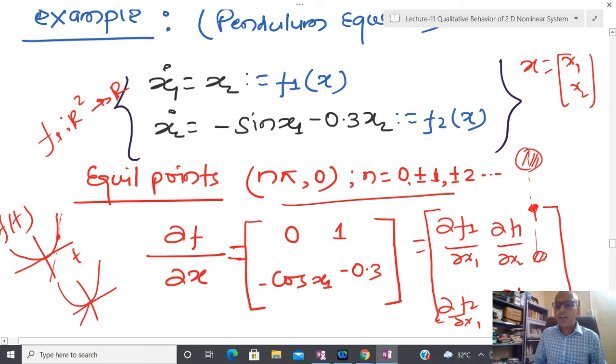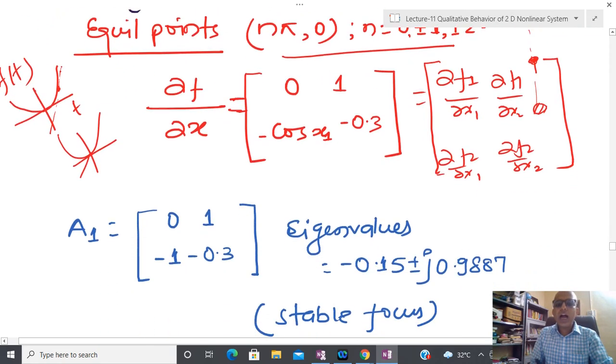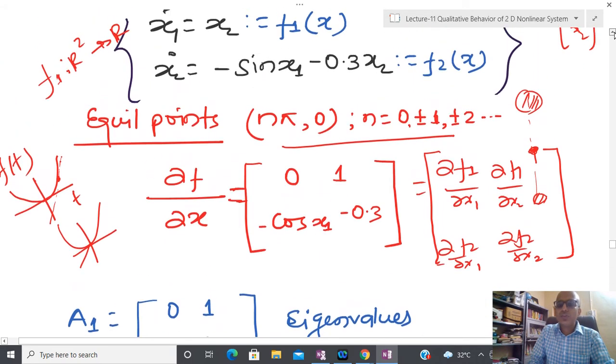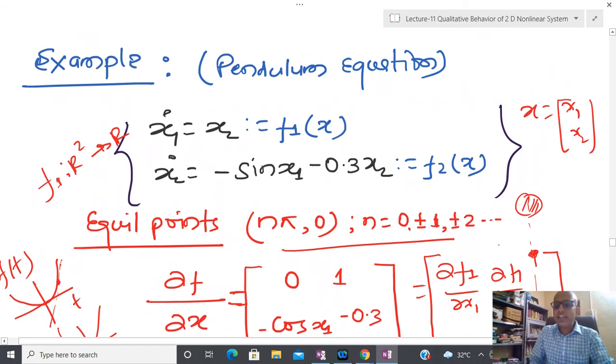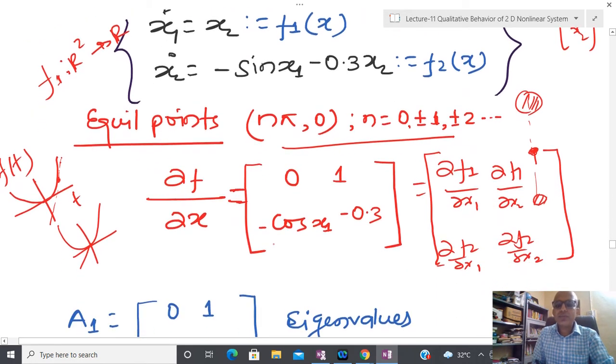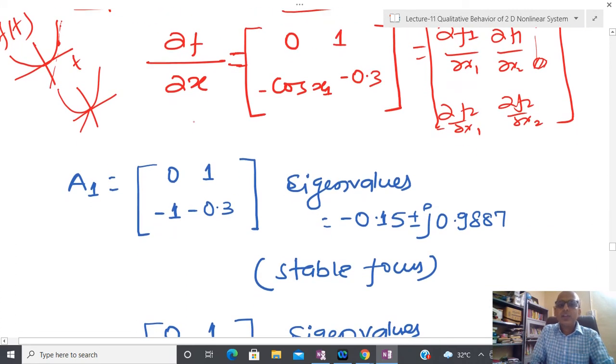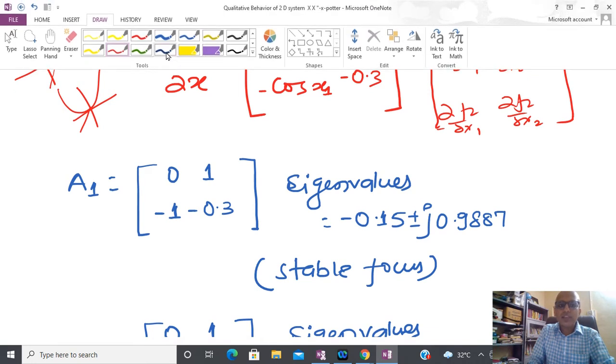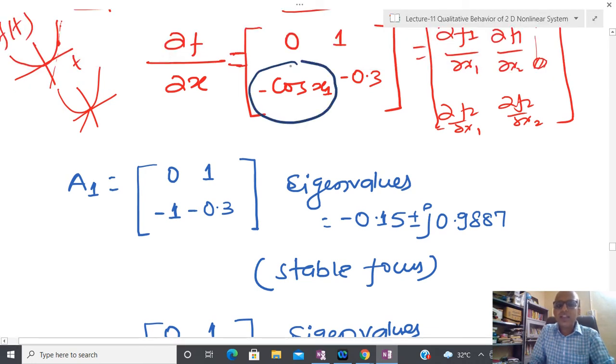Now this is the linearization, and after that I am going to check the linearization about two different equilibrium points. Just take one equilibrium point, that is (0, 0). If you substitute (0, 0) here, I get the matrix 0 1, -cos x1, 0. Here I substitute x1 equal to 0 and x2 equal to 0.